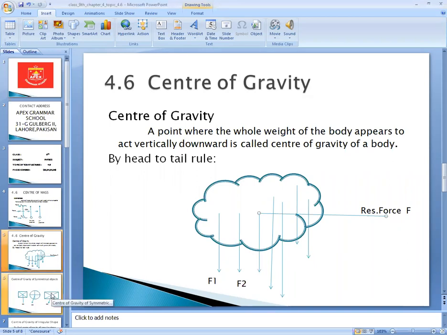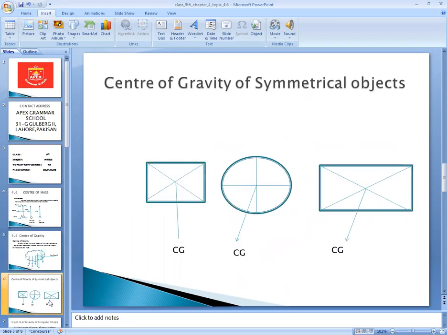Then I find how we can find the center of gravity of different shapes. First of all, I consider symmetrical objects. These are the symmetrical objects. This one is a square, this is a rectangle, and this is my circle. How can we find the center of gravity of the square?